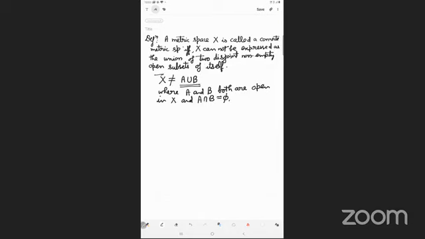If we cannot write X in this way, then we say that X is a connected metric space. Otherwise, we say that X is not a connected metric space or X is a disconnected metric space.